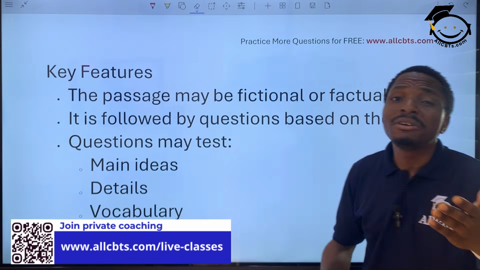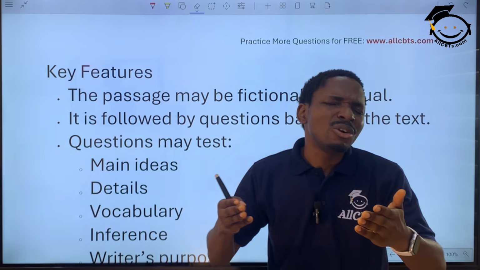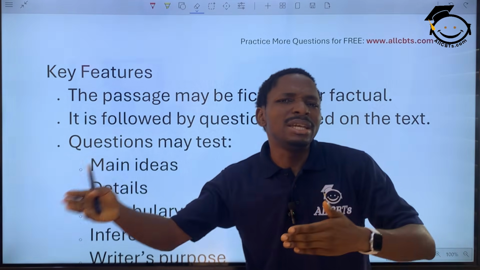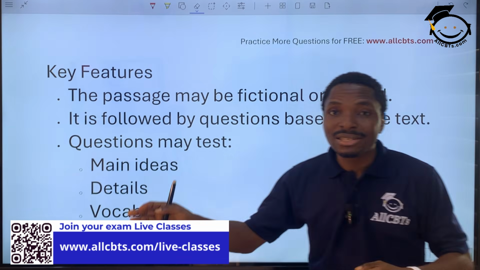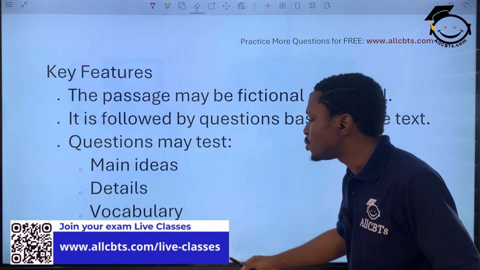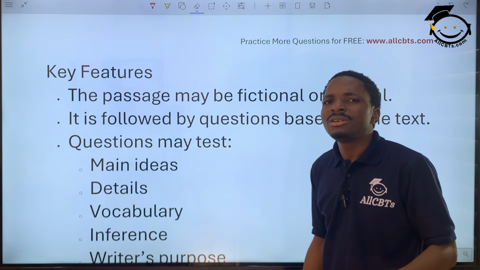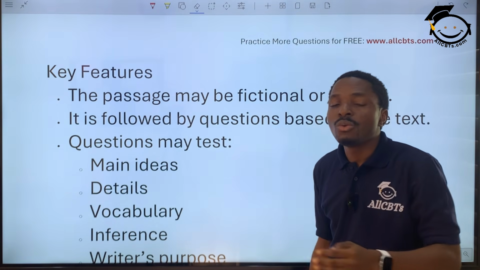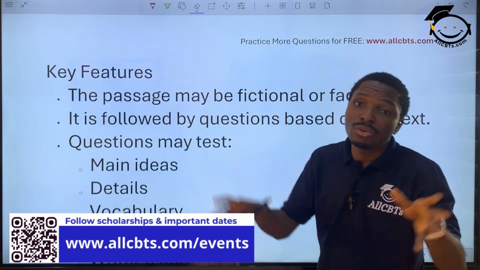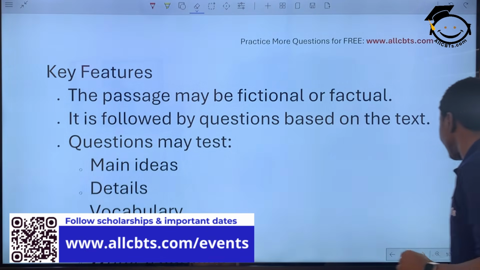It could test inference: what does the writer mean by this or by that? It could also test the writer's purpose, asking you to give the purpose why the writer could have said what was said in the text.